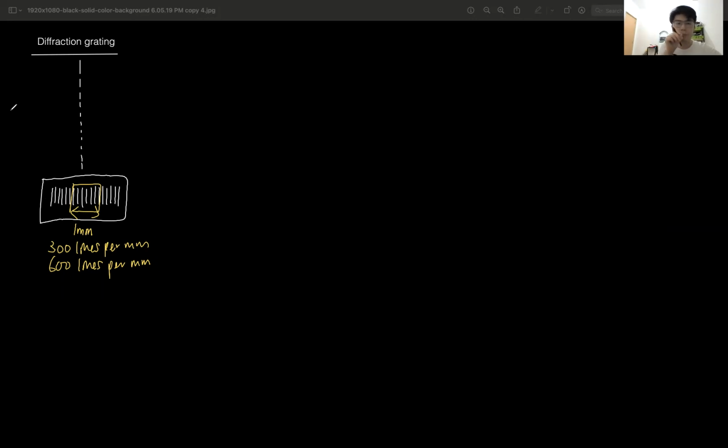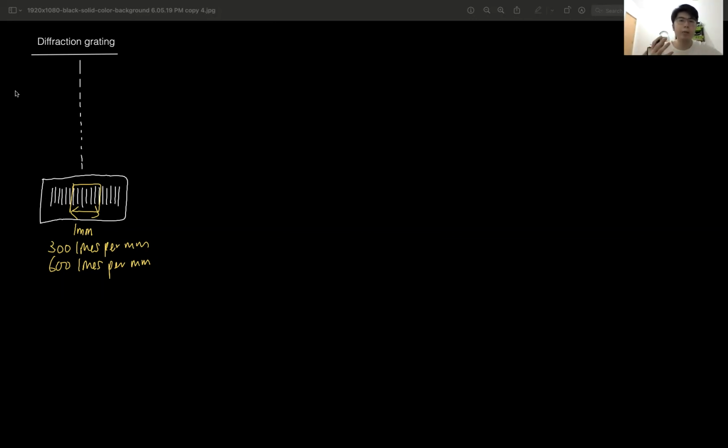So when the light is shone on it, the light diffracts through all of the slits. The phenomenon behind it is the same as the double slit. The difference is that the diffraction grating is actually better if you want to calculate the wavelength.